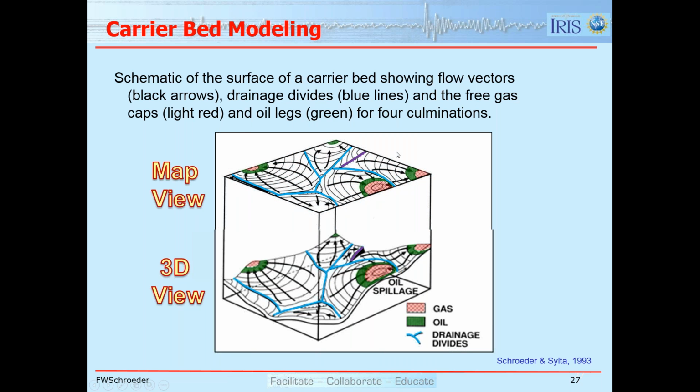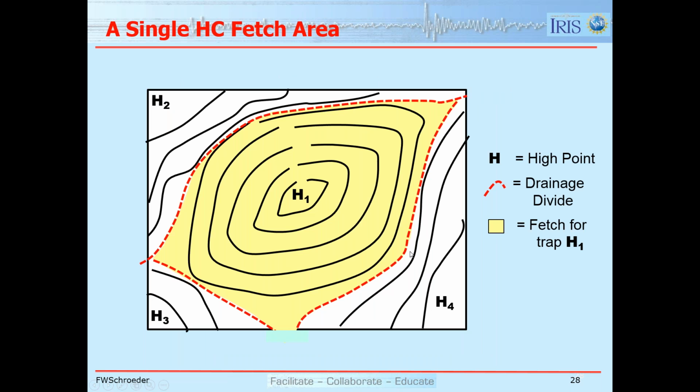We can also look at that as a map view. And again, the blue would be the drainage divides. The black arrows are the secondary migration paths at the tops of carrier beds. And then the culminations are where hydrocarbons would accumulate, gas caps and oil legs.